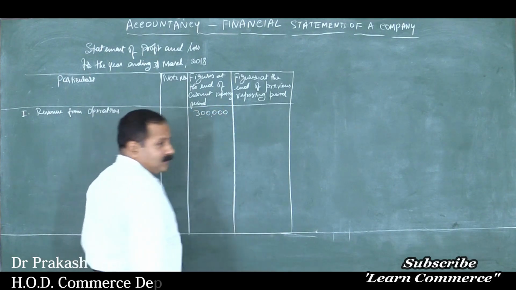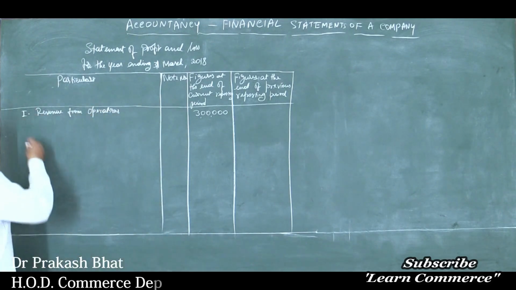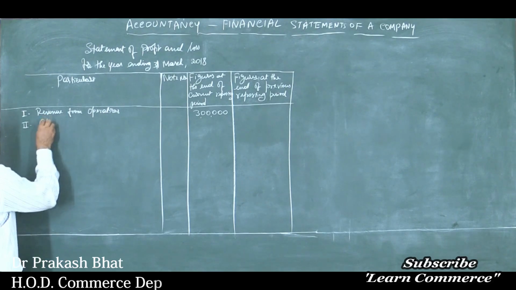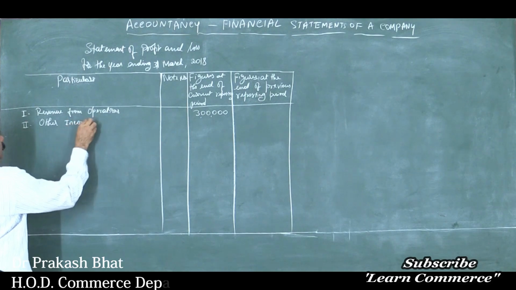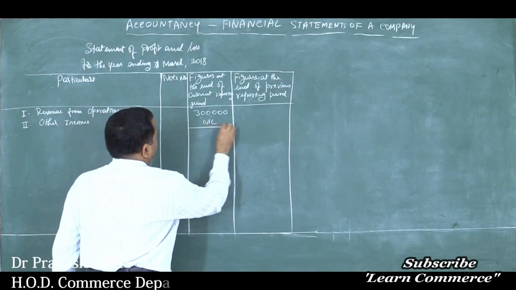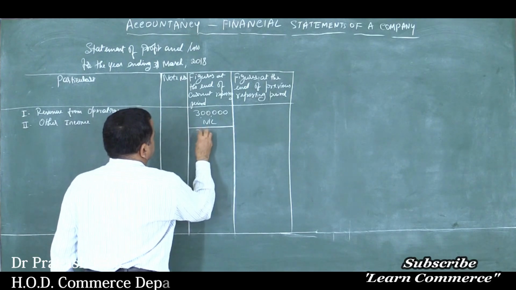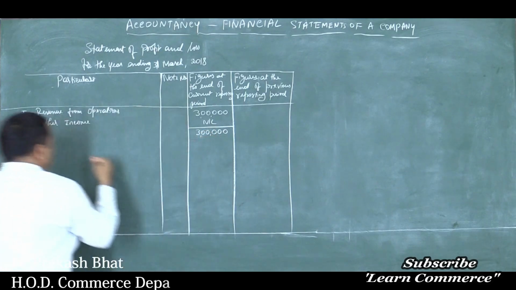3 lakh. Then other income, are there any other income? No, nothing is given in the problem, so other income is nil. Add it together, this is called total income.